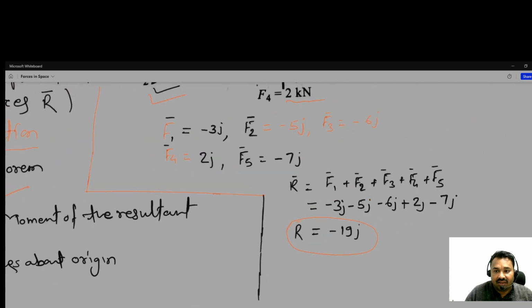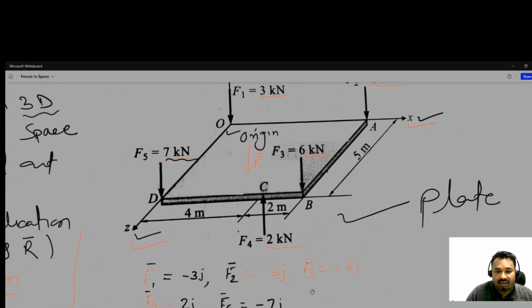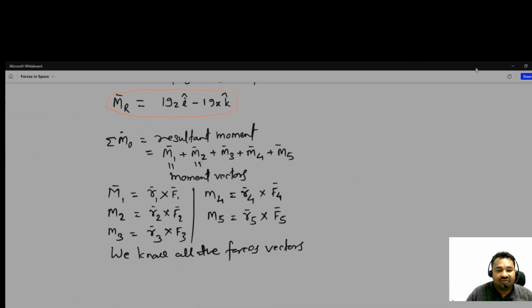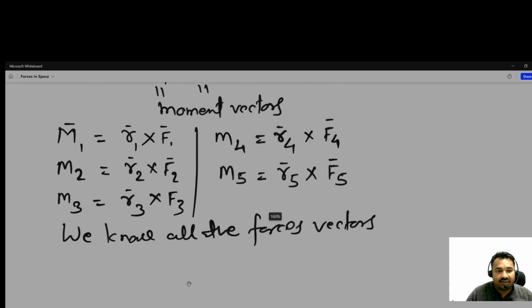You can see here these are the force vectors. So now what we have to find out? We have to find out the position vectors here.